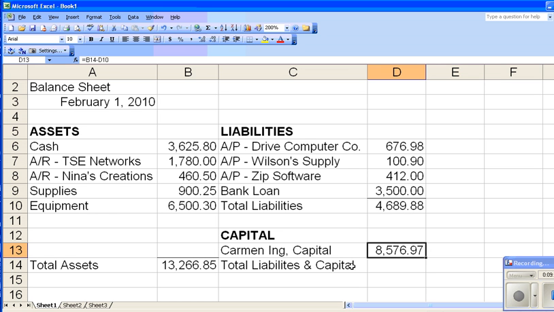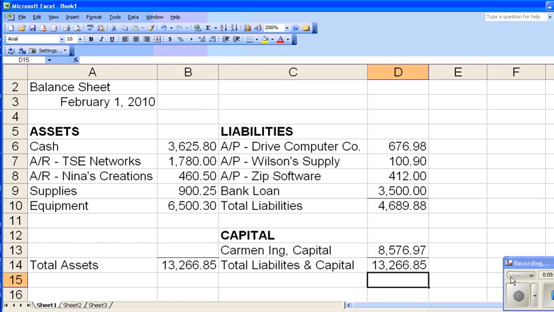We need to add, because our final line says total liabilities and capital, so we need to put a single line to show that we're going to add again. And we want to add our total liabilities, which is found in cell D10, and add it to our capital, which is found in D13.